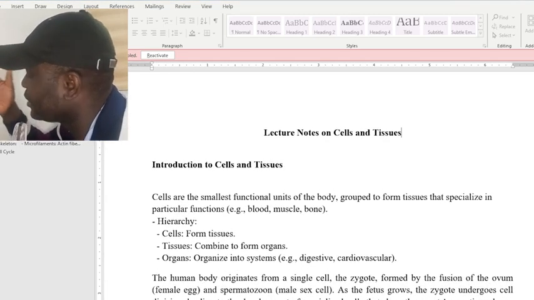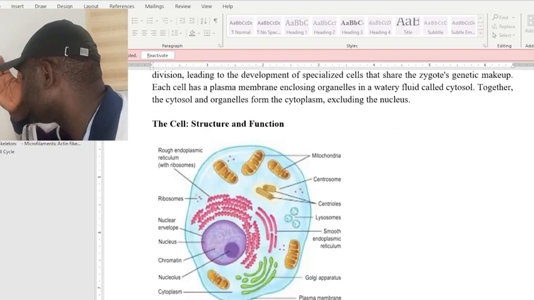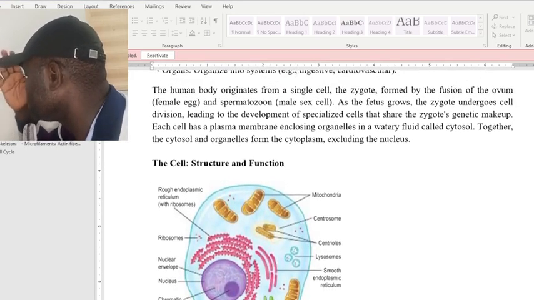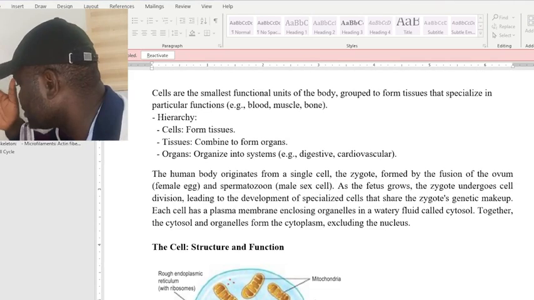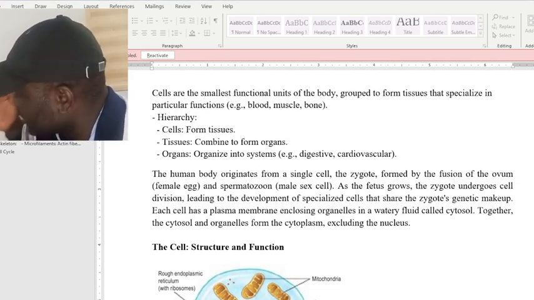So the hierarchy is from cells forming tissues, tissues forming organs, organs forming systems.